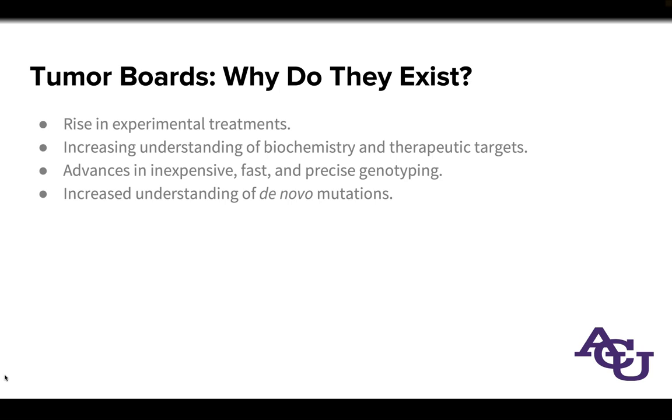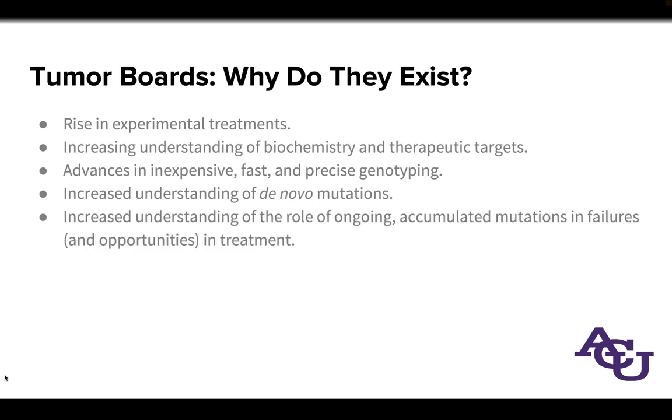So when something that doesn't appear in the family history is found in a child, or perhaps the child has grown to an adult, we have an increased understanding of how, in the course of a cancer, there's an accumulation of mutations which may cause there to be a failure, weakness, or opportunity in treatment. So the same treatment working at different stages of a cancer, or a stage of an illness in general, may not work because of these mutations. And in a few cases, it may become more responsive to a treatment because of that.